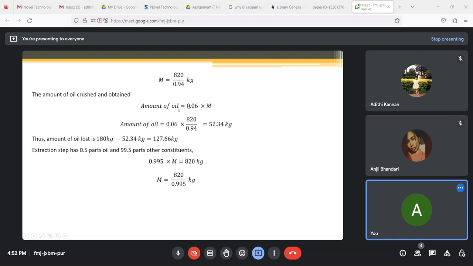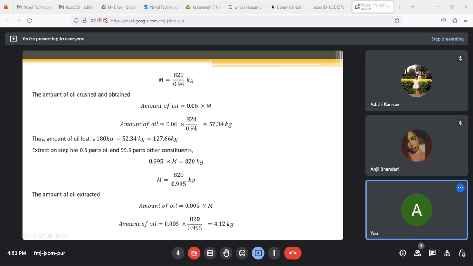In a similar way to how you calculated the amount of oil from the total mass, we can calculate the amount of oil remaining here. The amount of oil is 0.5 parts, which is 0.005 into m2. That comes out to be 4.12 kgs.